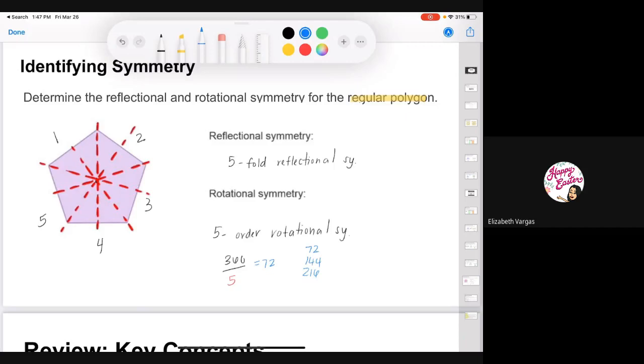So basically, I'm just multiplying 72 by each of the sides. 288, and then 360. So those are my 5 instances, 1, 2, 3, 4, 5, in which I can rotate this figure, this regular polygon, to get it to map back onto itself. Really cool.